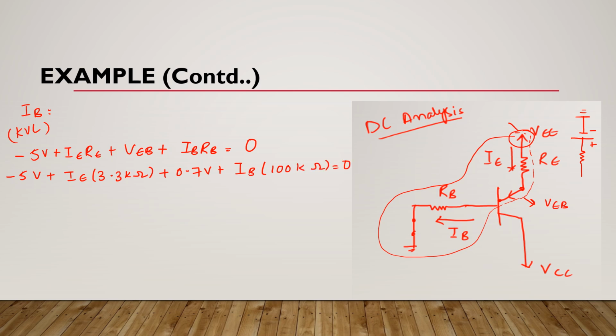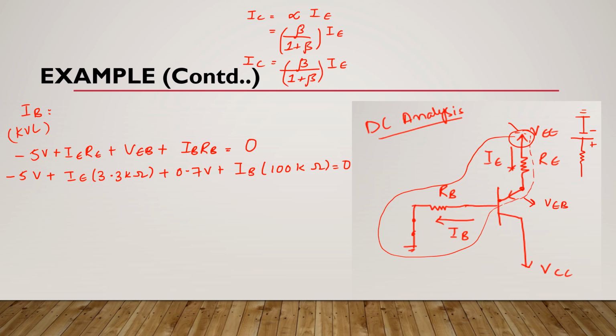Okay. Now we know that IC is equal to alpha IE, and this alpha is beta divided by 1 plus beta. It means IC is equal to beta divided by 1 plus beta IE.